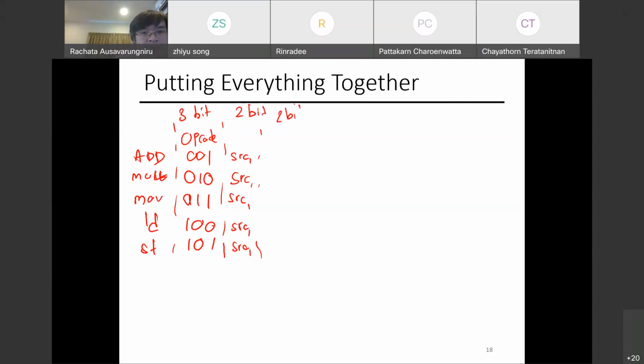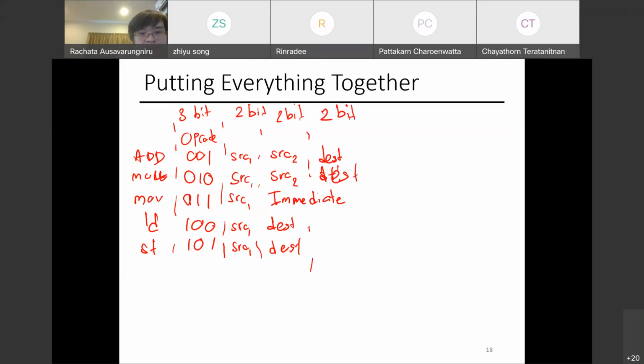The next 2 bits can be source 2, or now the rest is immediate, or the destination. This next 2 bits become destination. And then this 3 plus 2 plus 2 plus 2, that's 7, 9. So we have 7 bits left.